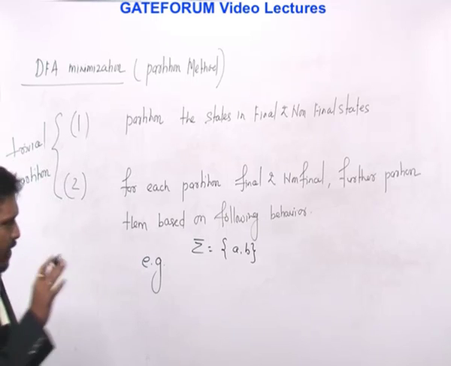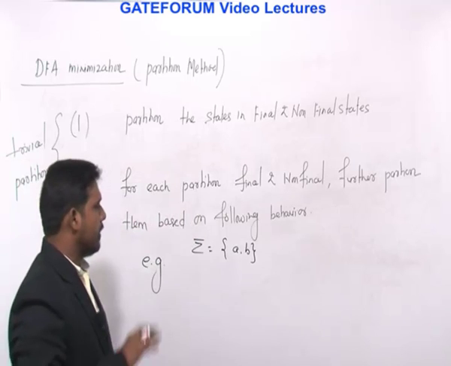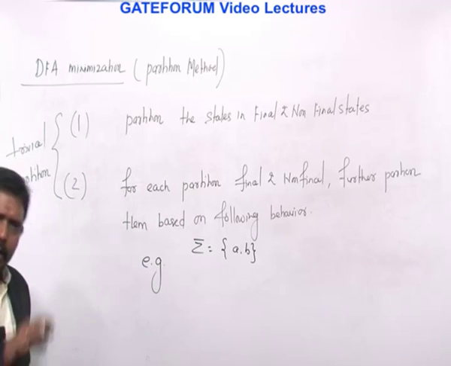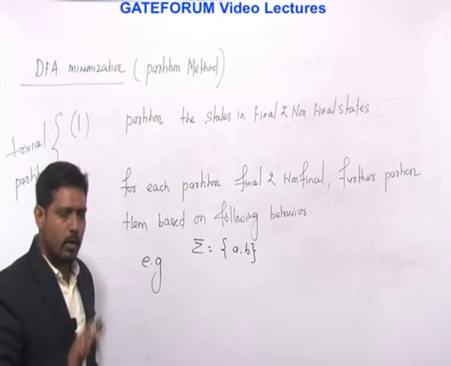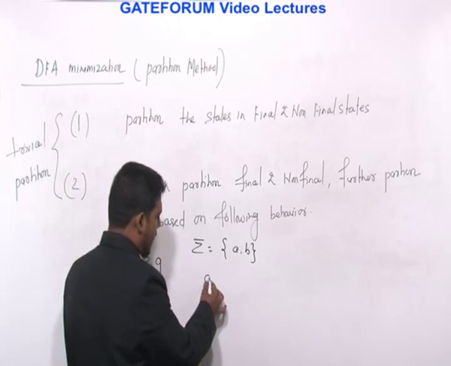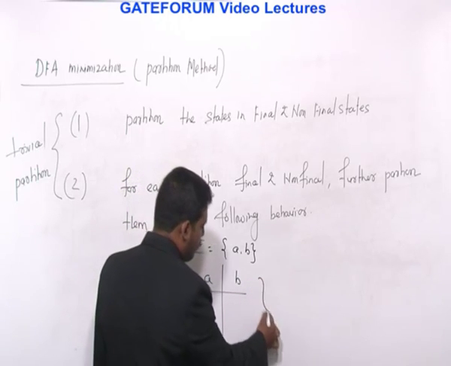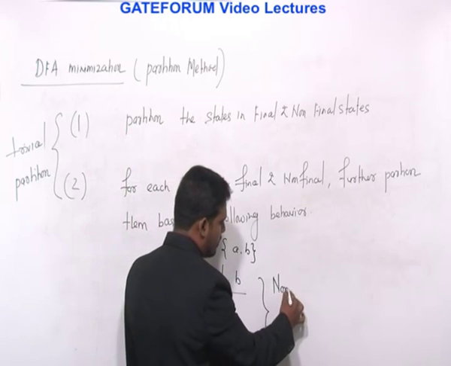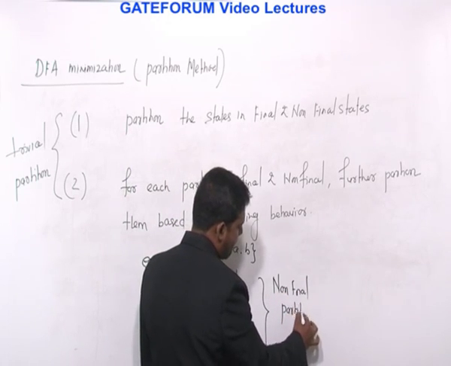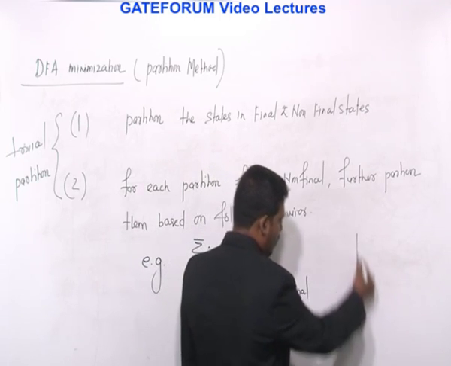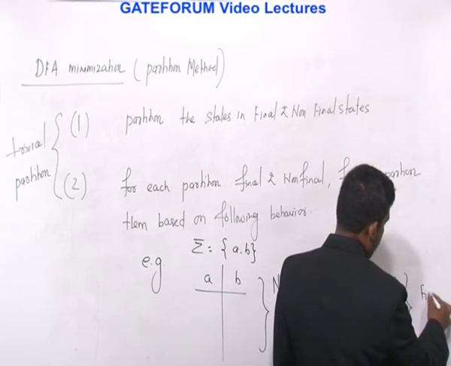So the first partition was final and non-final states. The second partition was that for each partition, final separately and non-final separately, you further partition them based on the following behavior on inputs A and B. This you will do for the non-final partition, and you will also do for the final partition.